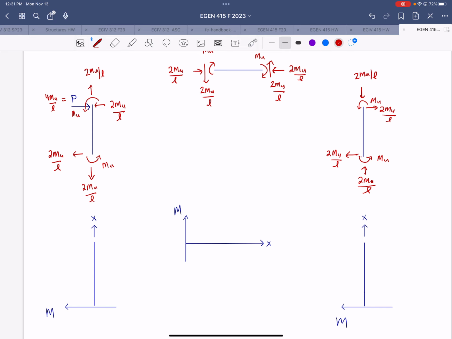All right, so if we sketch the moment diagrams, we would get something like this. We have mu at the top and the bottom for the columns, and those would be identical.